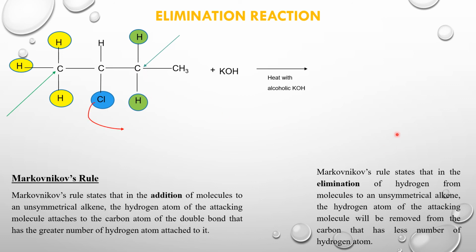So let's see. The halide is removed and the hydrogen is removed, the neighboring hydrogen, remember that. After the halide and the hydrogen are removed, we are left with a CH3. So this whole of this is the CH3 that's left there.